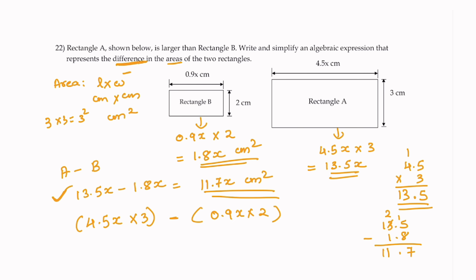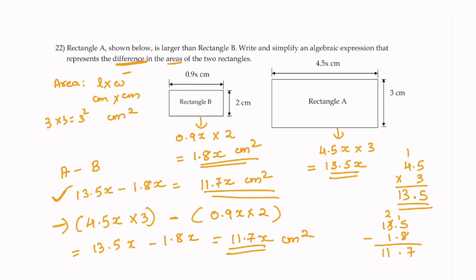The other way is this, where I'm doing it together and I'll still get the same answer, because this is 13.5x minus this one here, 1.8x, that's 11.7x centimeter square. Remember your units. So either way, you can solve it and you get your answer.